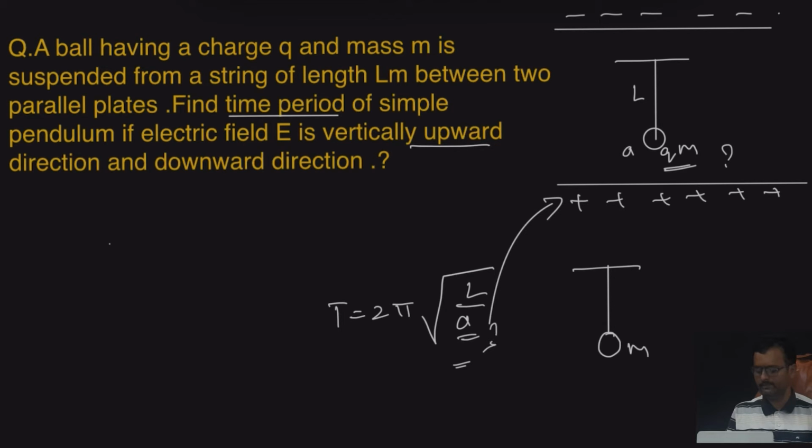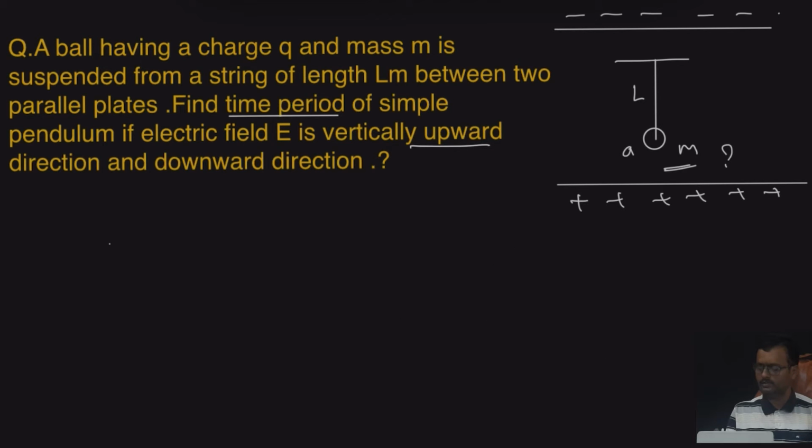So what is A? This is a positive charge, so the electrostatic force is an upward force and the gravity force is a downward force. So the total force is the subtraction of the electrostatic force and the gravity force, which is EQ minus mg.